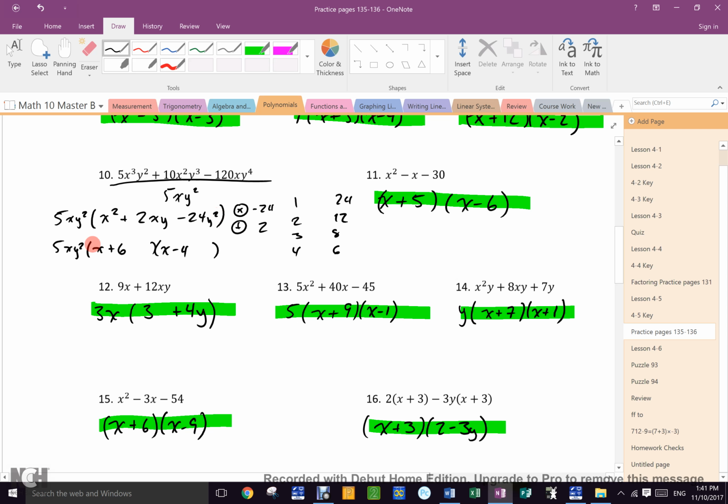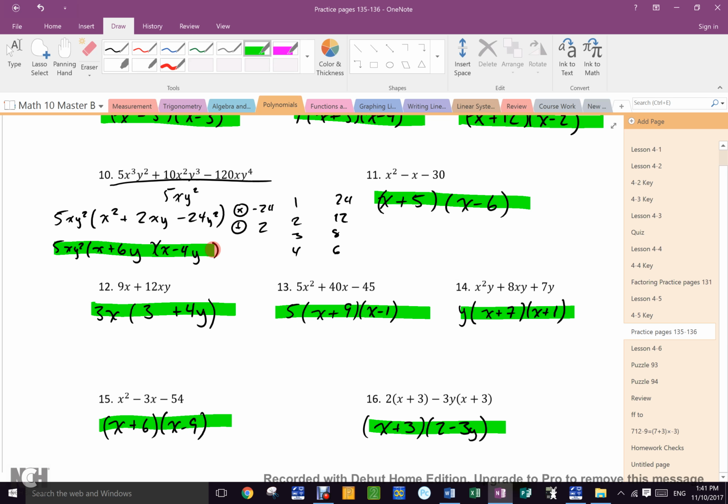So if x times x gets me x squared, what do I need here to make 6 and 4 make 24y squared? I need a y. Done. What makes it difficult? It looks different. Is it difficult? It's exactly the same.